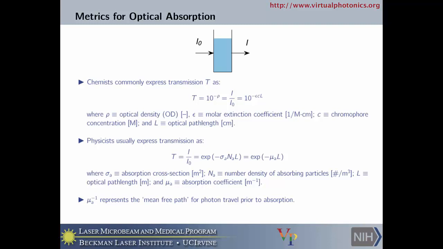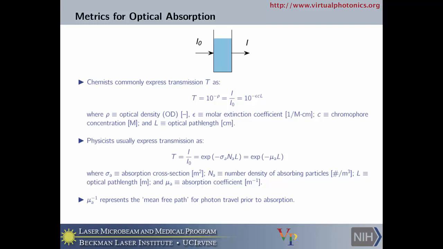From a chemical standpoint, often they depict transmission as 10 to some optical density rho, where rho, the optical density, is a product of a molar extinction coefficient, which has units of the extinction per unit concentration in molarity and per unit path length in centimeters. And then you have some concentration and you have some path length.